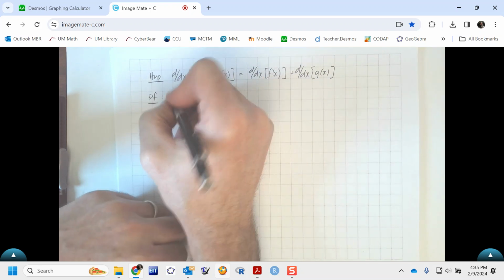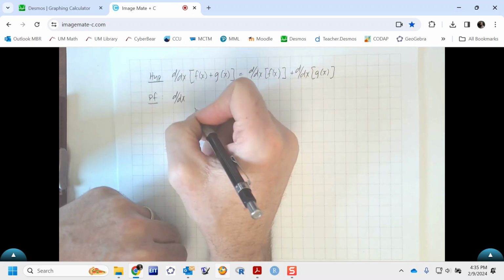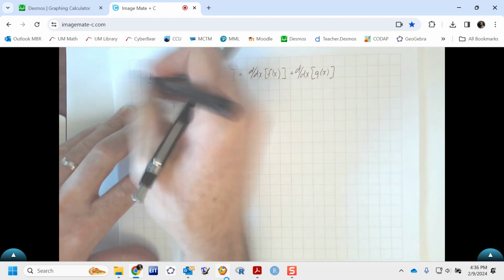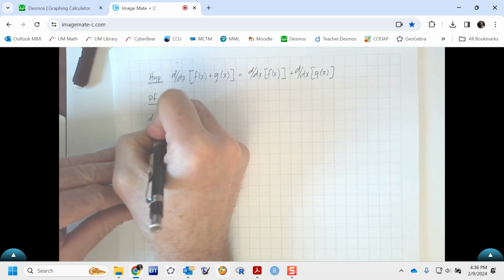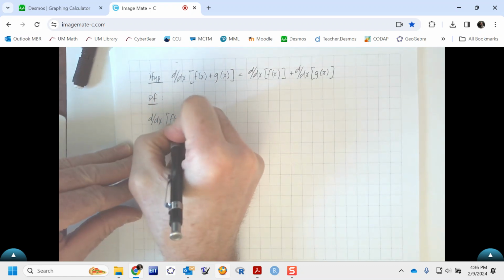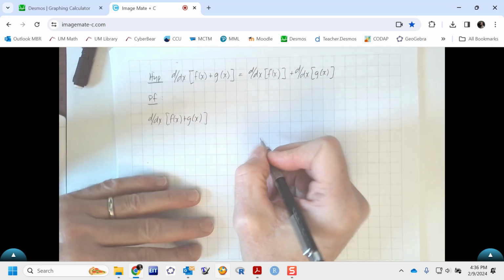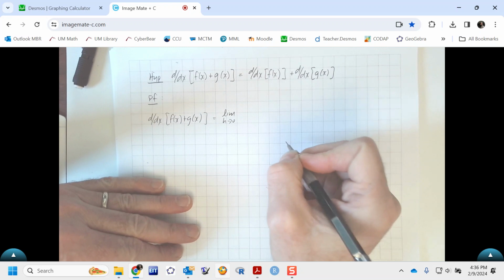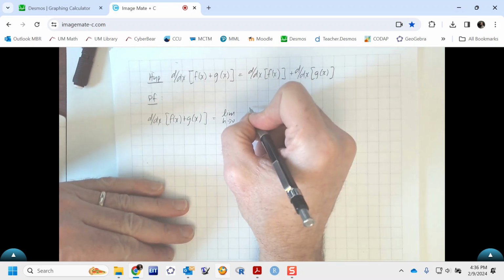Let's put the left-hand side up, d by dx. This is a fairly wide argument, so I'm going to try to squeeze it in here. D by dx of f of x plus g of x. So this will be the limit as h goes to 0 of both of these evaluated at x plus h on top.